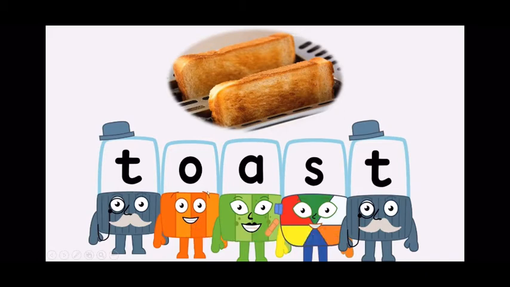So everybody read toast. Toast. Okay, so we have here O and A together. They stand side by side. Therefore, we have to read these two letters as one sound. O. Okay, so everybody, you sound the letters with me. T, O, S, T. One more time.